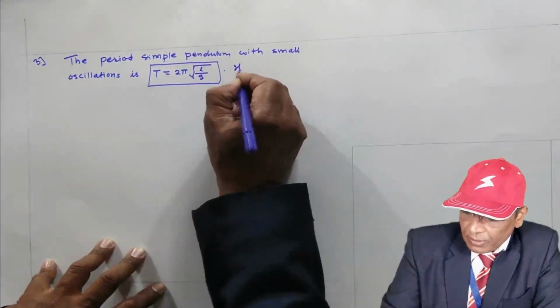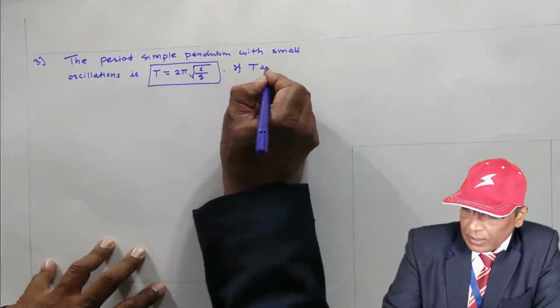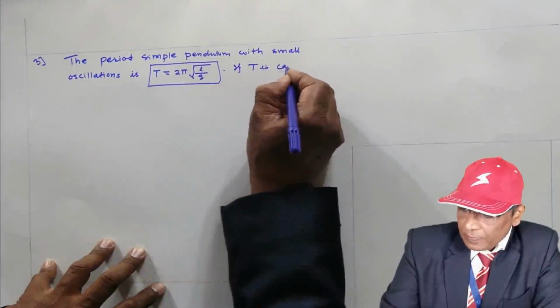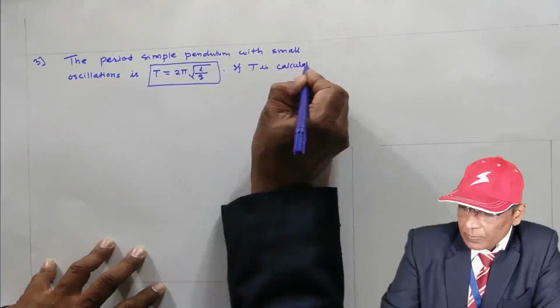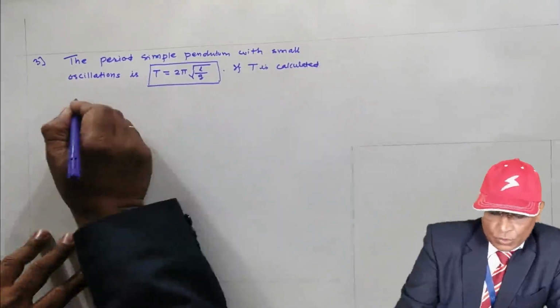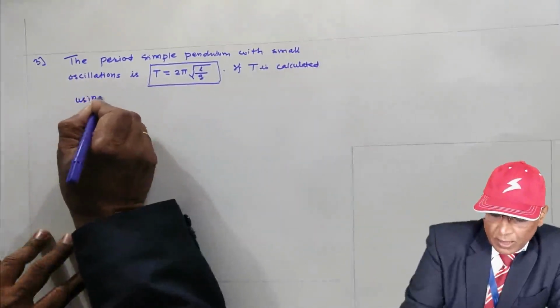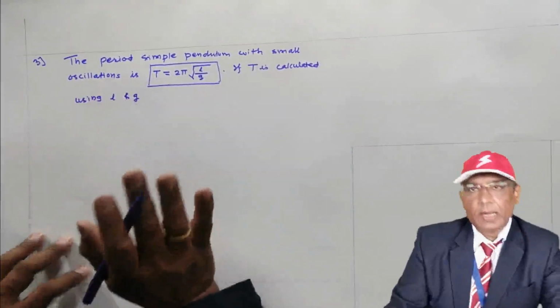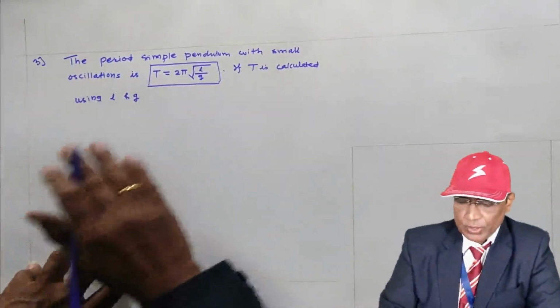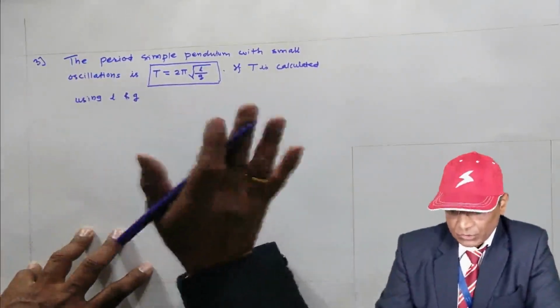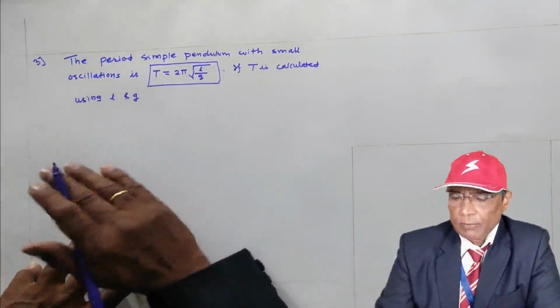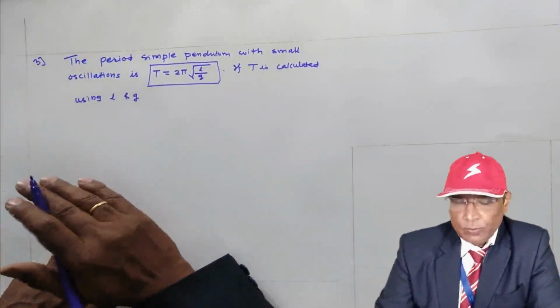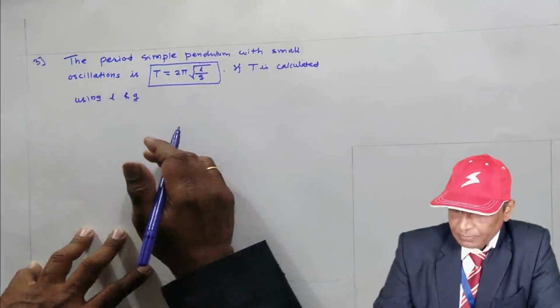If t is calculated using L and G, here L and G are variable. I am not going into that what is L and what is G. In short, I am going to tell you how to find percentage error, that's all.